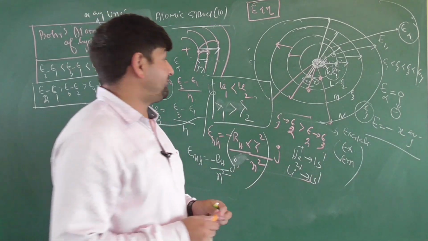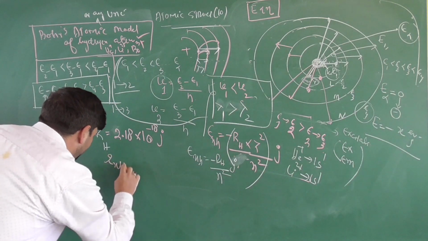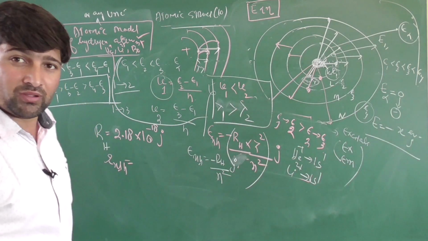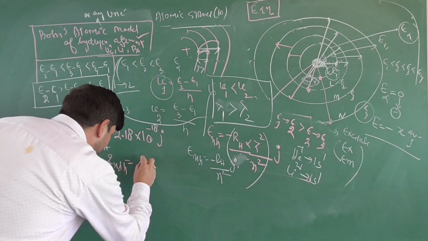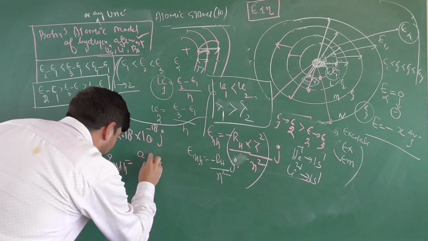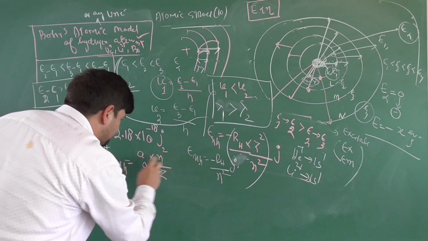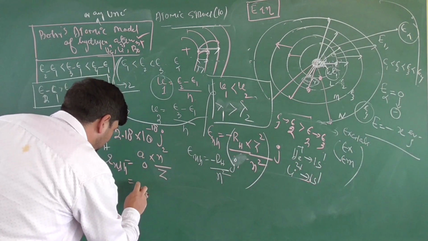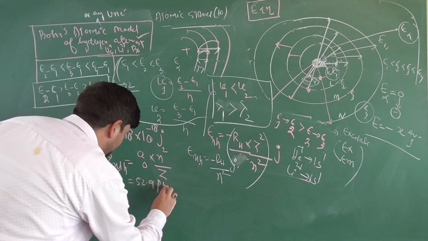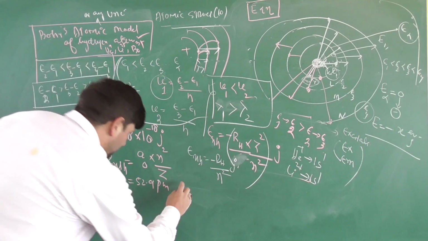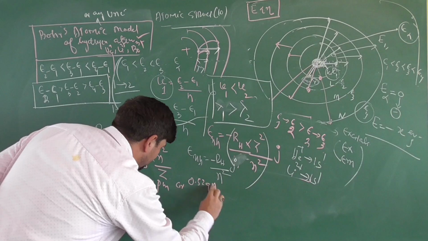Is it clear? And from Bohr's model of an atom, we also get the radius. So the radius of the nth orbital of the hydrogen atom or hydrogen-like species equals A0 into n square by Z, where A0 equals 52.9 picometers or 0.529 angstroms.